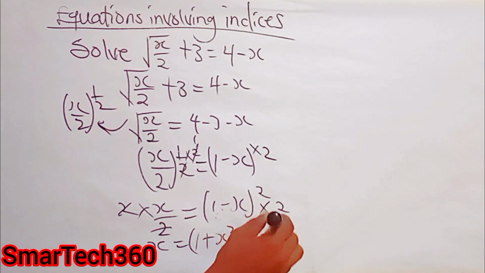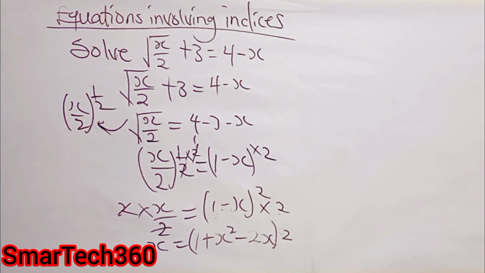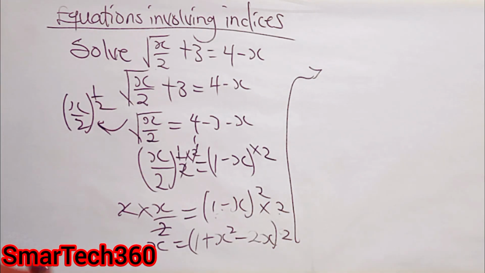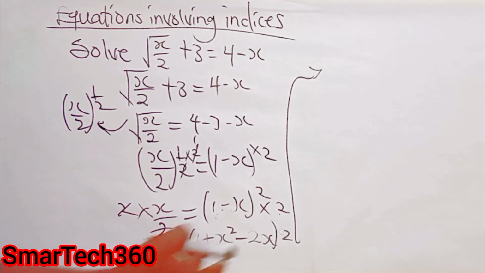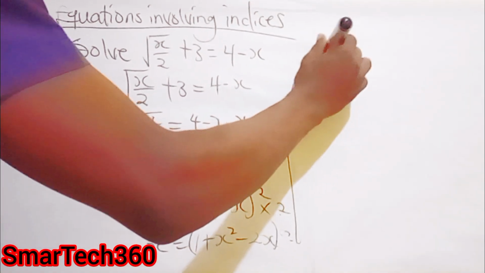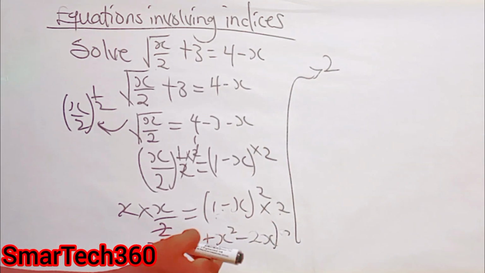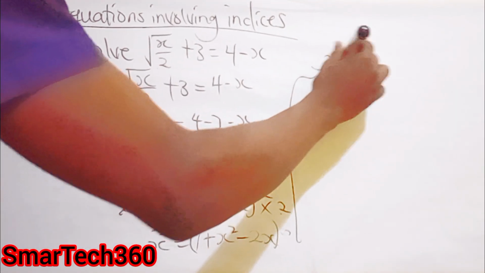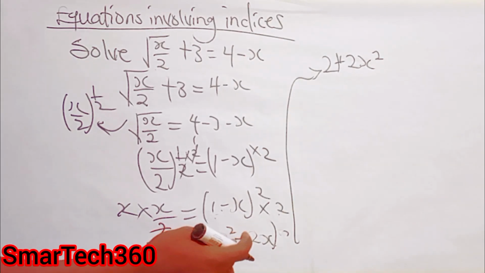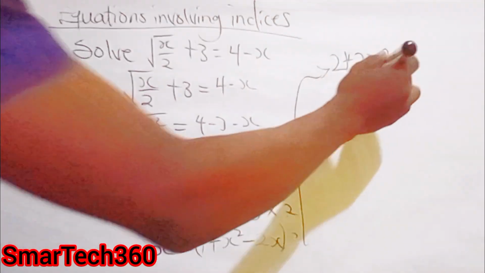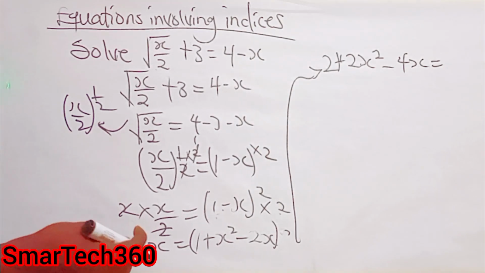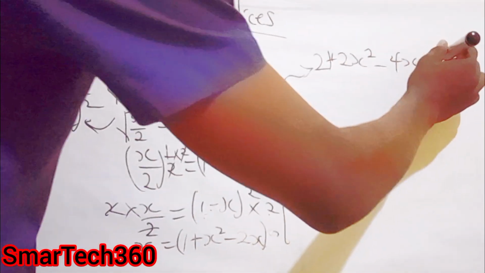Then the whole of this multiplied by 2. 2 times 1 gives us 2. 2 times x squared gives us plus 2x squared. 2 times minus 2x gives us minus 4x, and this is equal to x.